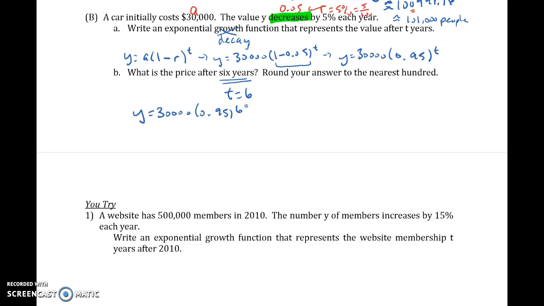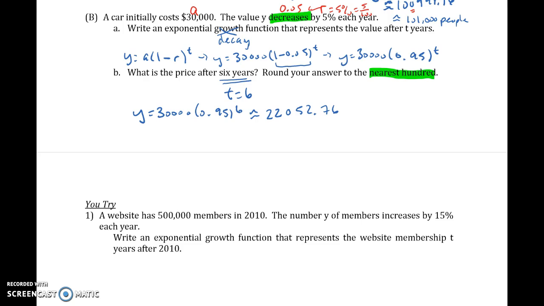and then bust out your calculator. Order of operations, exponent first, so 0.95 to the 6th power, then multiply that by 30,000, and we should get something like 22,052.76. But now look back at the problem. I want you to round to the nearest 100.